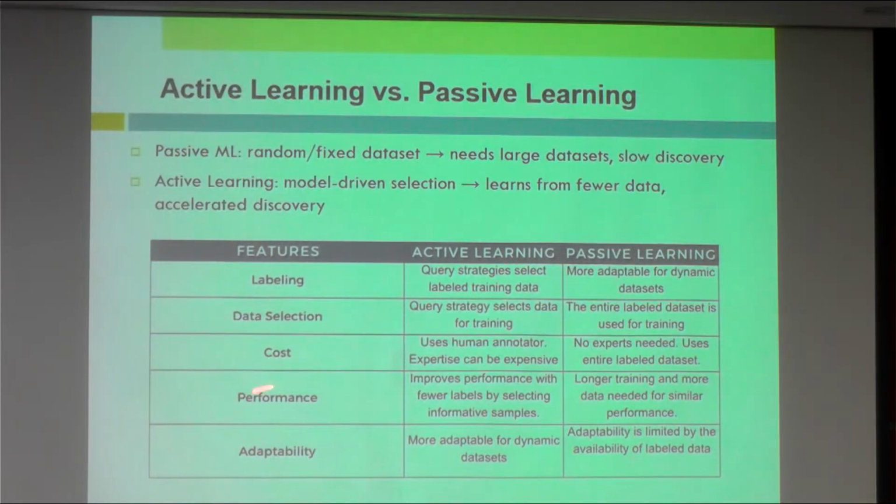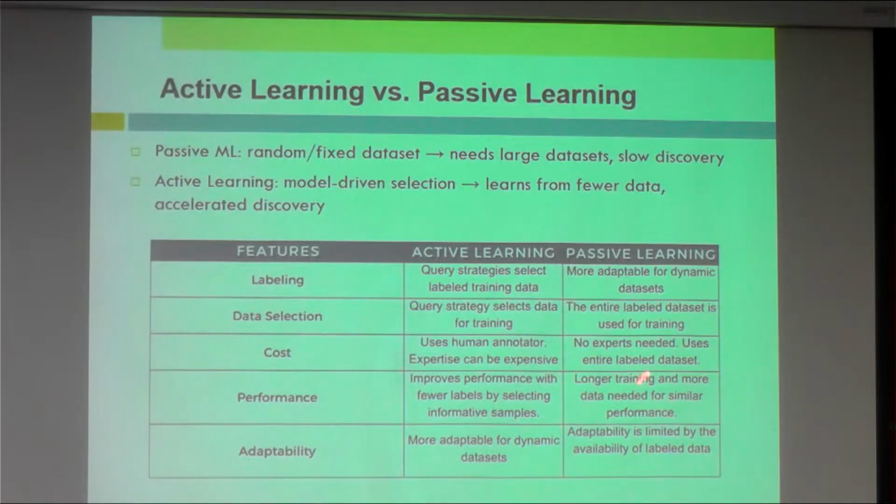And in terms of performance, improve performance with fewer labels by selecting informative samples. So the package of the samples or information required for certain properties might be different. So with that, you limit your sample, and you can select a sample which is favorable or sample with sufficient information for the process.